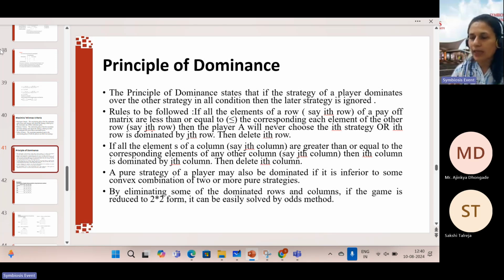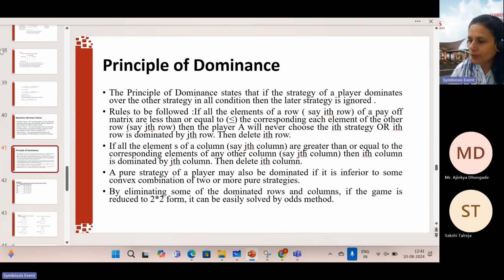Or you can simply say we are going to adopt the dominance of player A-wise and player B-wise. So there are two major principles we follow. Number one, the dominance property for the row, and the dominance property for the column. Now, what is the meaning of the dominance property of the row?